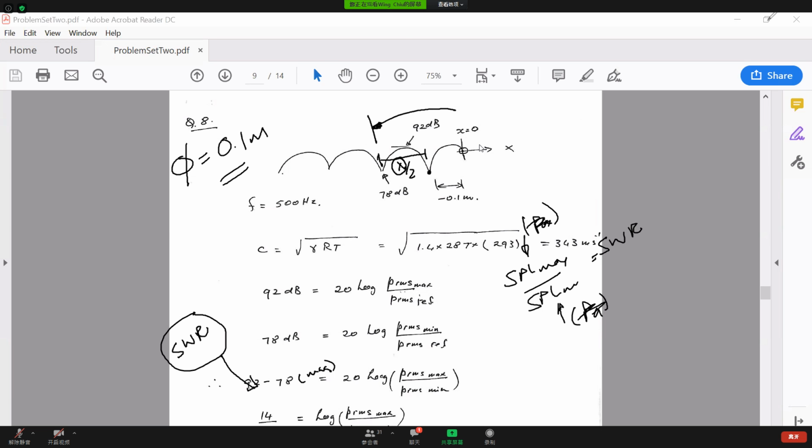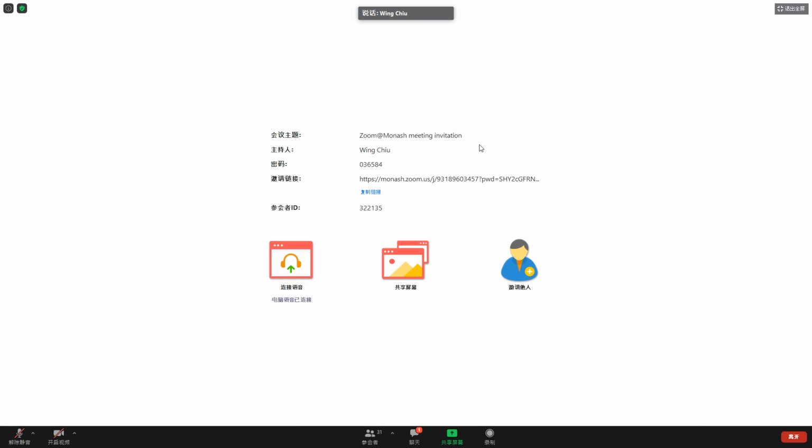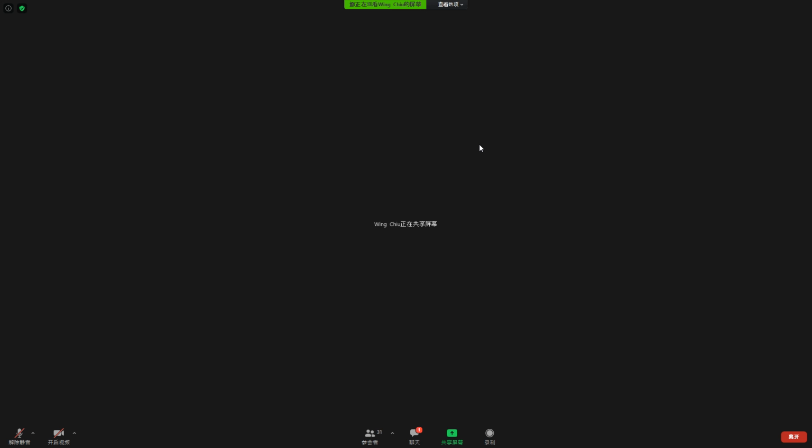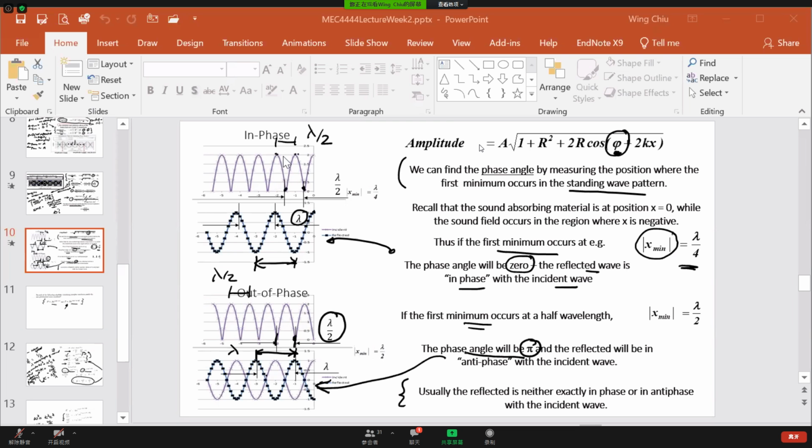Do you remember the, hang on, I'll just share this. Is that because the wavelength, if it's a sine curve? Can you see this? Yeah. All right.